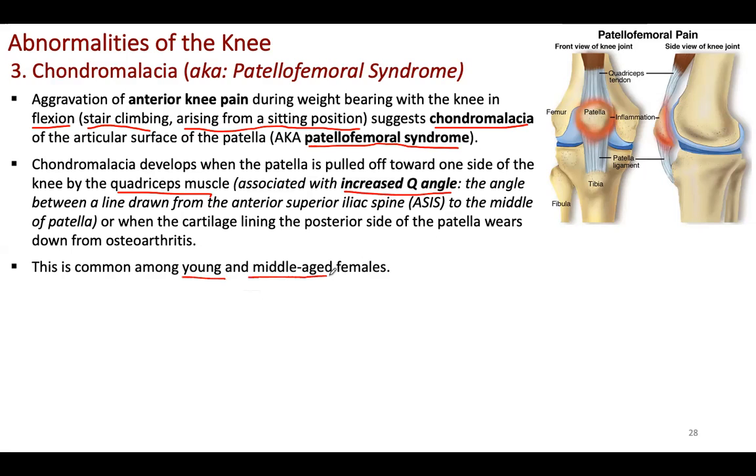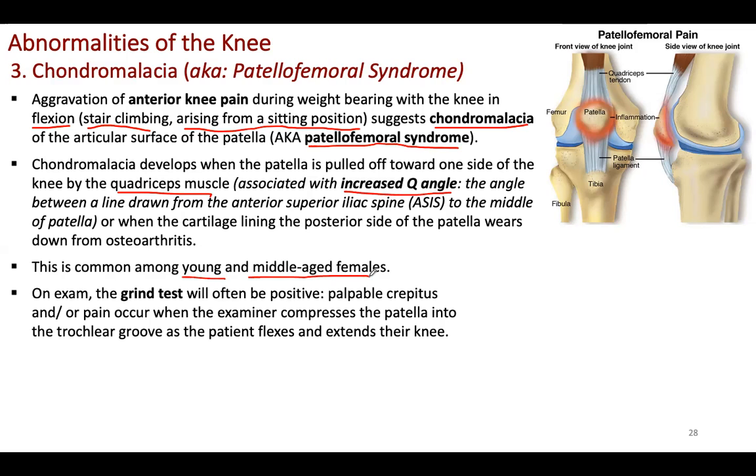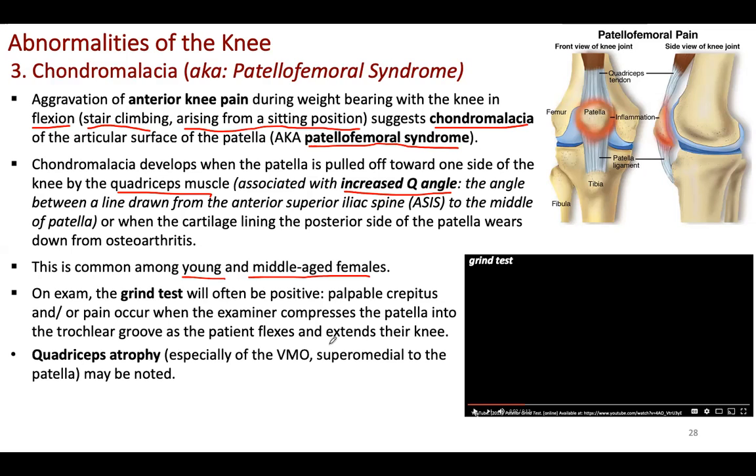It's like an autoimmune disease, but this is not an autoimmune disease. Although we don't know exactly what causes it, that's why we call it patellofemoral syndrome. On examination, the grind test will often be positive, which is palpable crepitus and/or pain that occurs when the examiner compresses the patella into the trochlear groove as the patient flexes and extends their knee. And this is how to do the test.